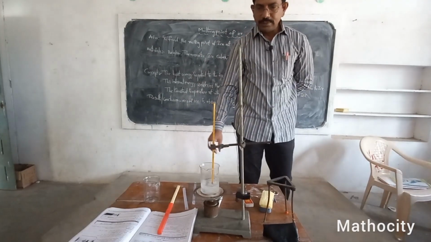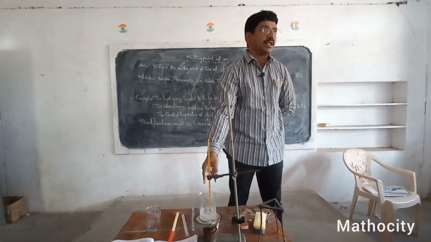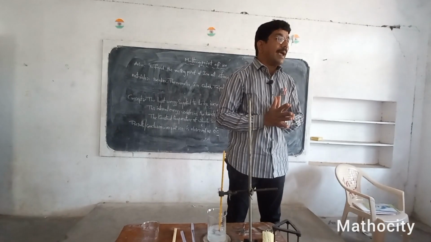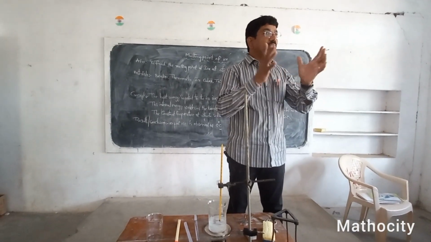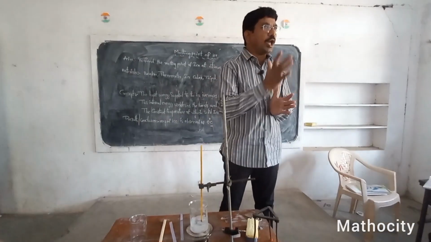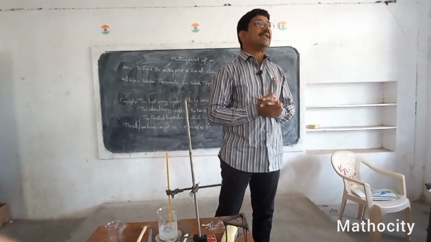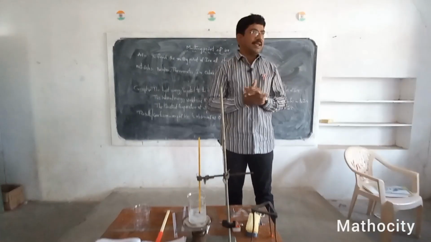Let us wait. We are applying heat energy, but the temperature remains constant. The heat energy we are supplying with the spirit lamp is utilized to change the phase of the substance, that is, solid to liquid. That heat is known as latent heat, the hidden heat.